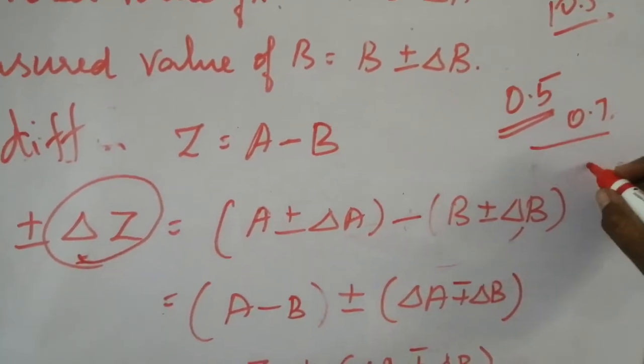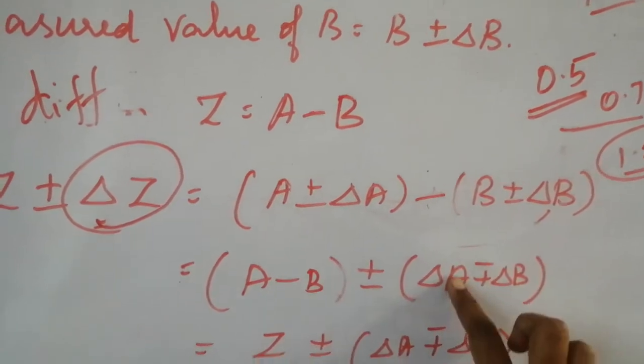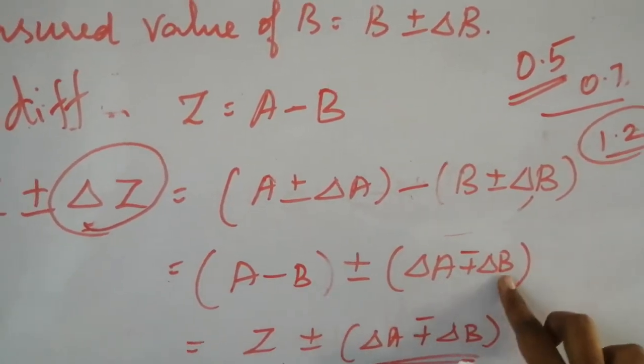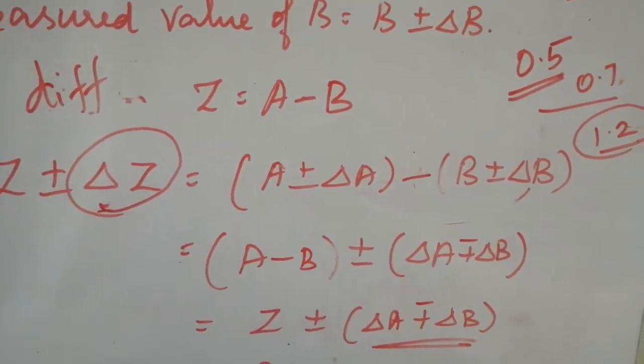You will just add up, right? It is 1.2, the total error. You will not go for the difference. So it should be del A plus del B.